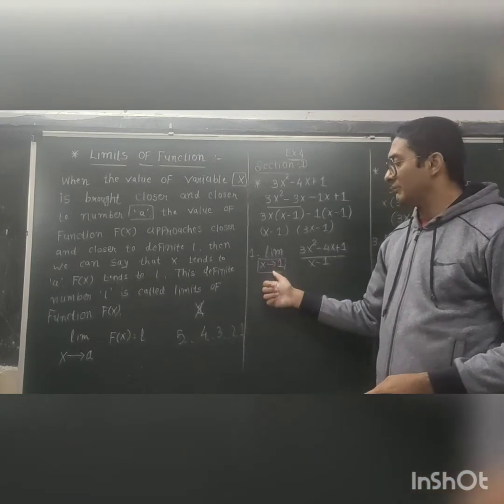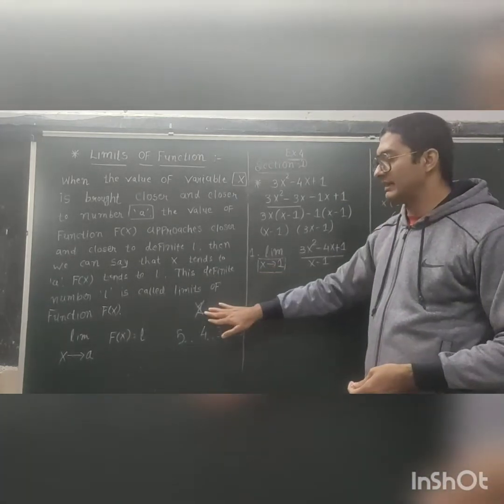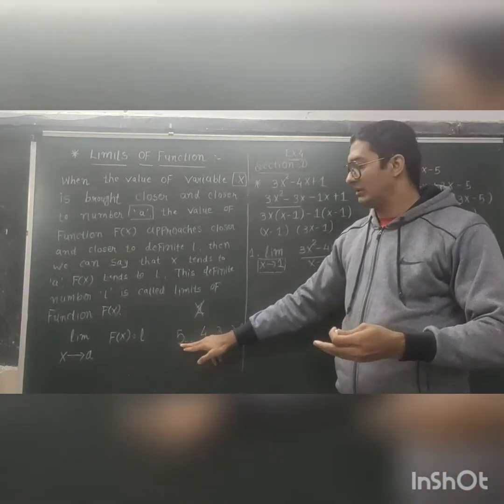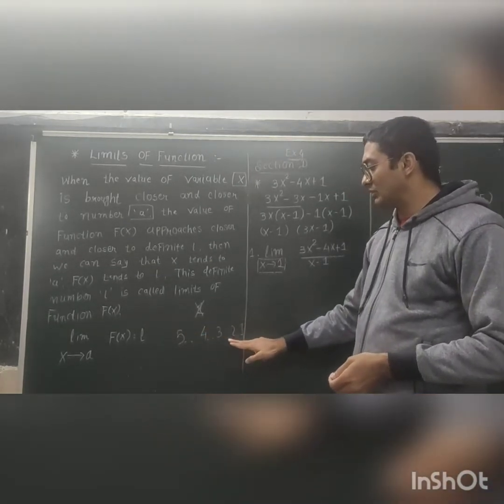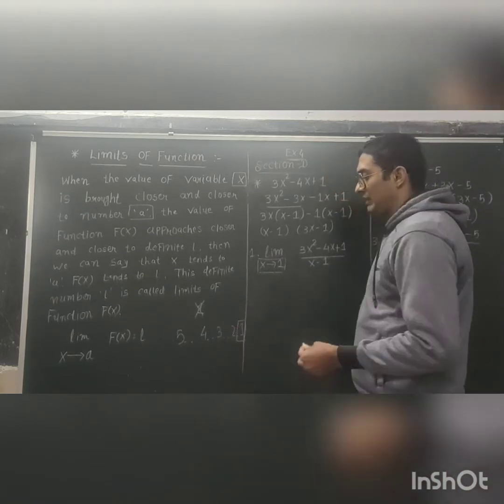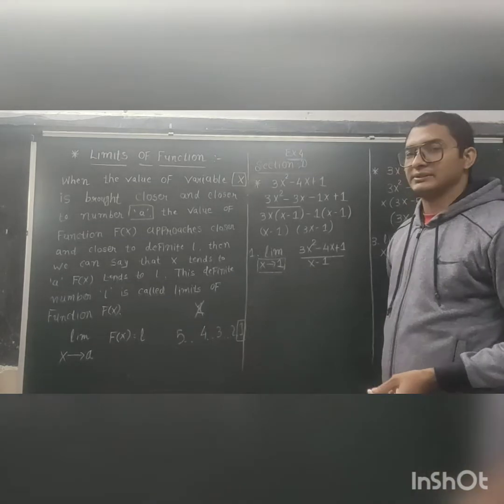Here this is number a, but actually we don't know that this is the answer. So first of all, on trial basis I have taken 5, then 4, then 3, then 2, and exactly at this point we can say that we got the answer.